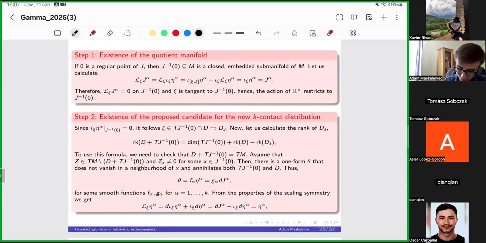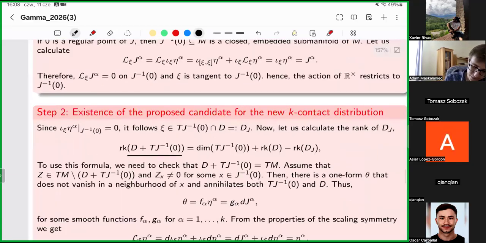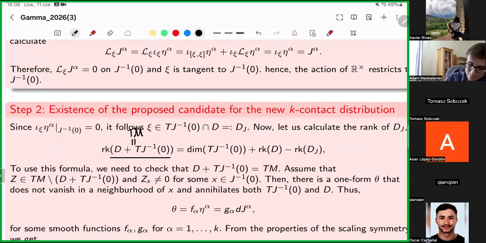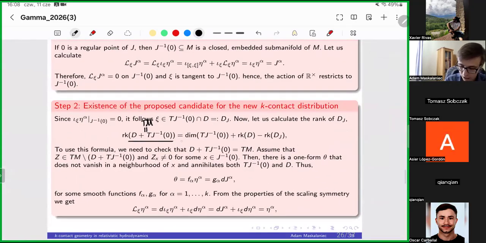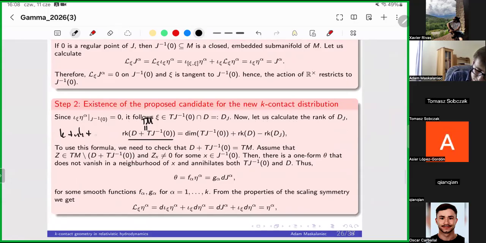And in order to ensure that this dimension is correct, I need to verify that the original k-contact distribution D, summed with the tangent space to this level set of our momentum map, is the whole tangent space TM, because then we would be able to write here k plus n minus k plus n and use this dimension formula for the intersection of vector spaces to obtain a correct dimension.